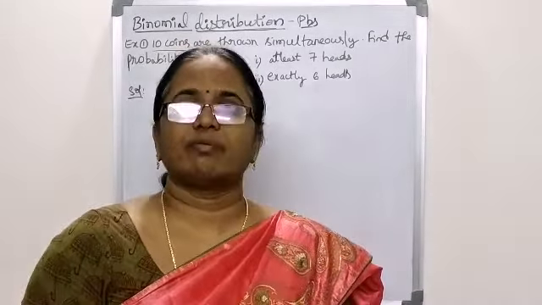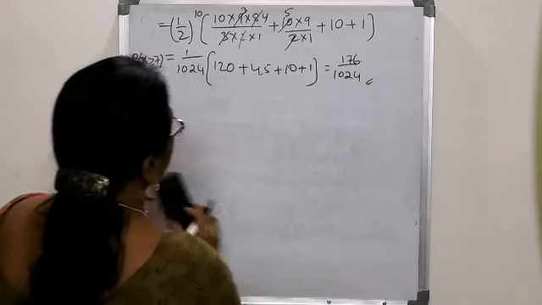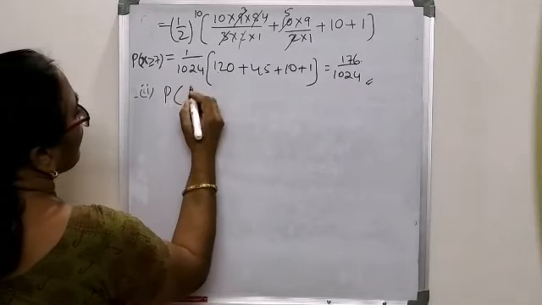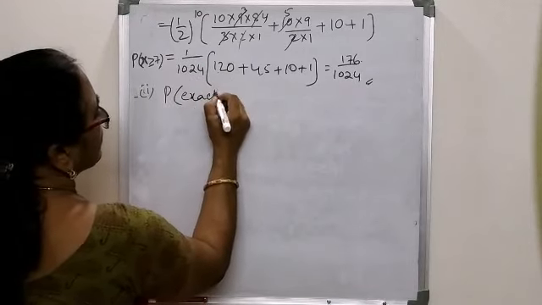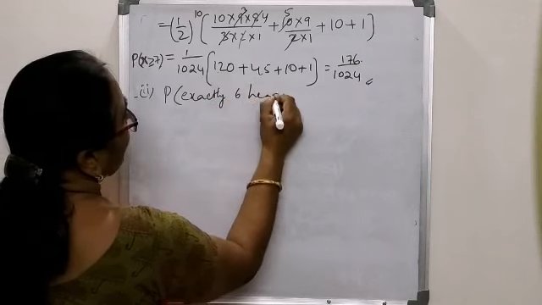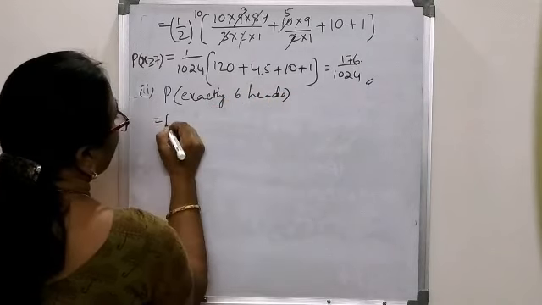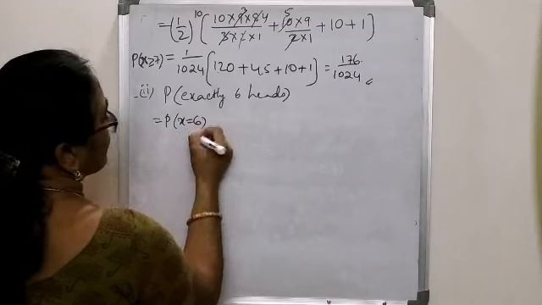Now the second bit is to find the probability that there are exactly 6 heads. So the probability to have exactly 6 heads can also be written P of x is equal to 6.